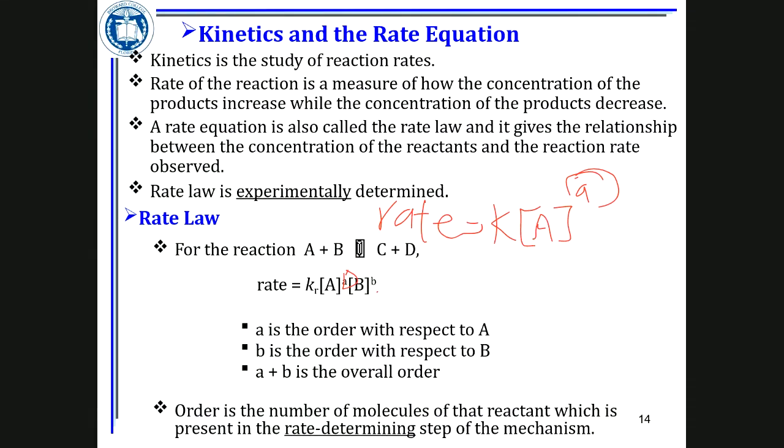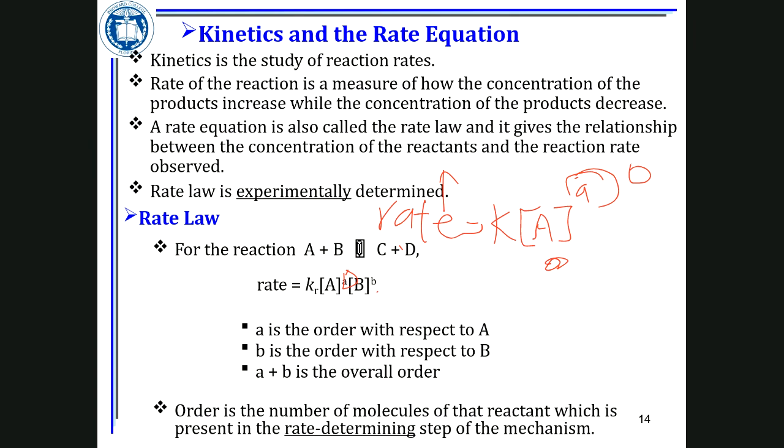If this value is 1, that means if you double the concentration of A, the rate is going to be doubled. It's a 1-to-1 ratio. If this value is 0, what does it mean? If you increase the concentration of A, it's not going to change the rate of the reaction, because any number to the power of 0 is equal to 1.